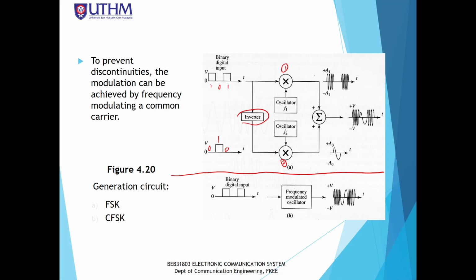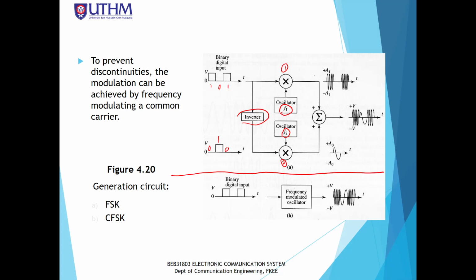Each of the balance modulators is also supplied with an oscillator with a different frequency. Oscillator frequency F1 is supplied to the first balance modulator, oscillator with frequency F2 is supplied to the second balance modulator. In this example, the first oscillator F1 has a higher frequency compared to the second oscillator F2.